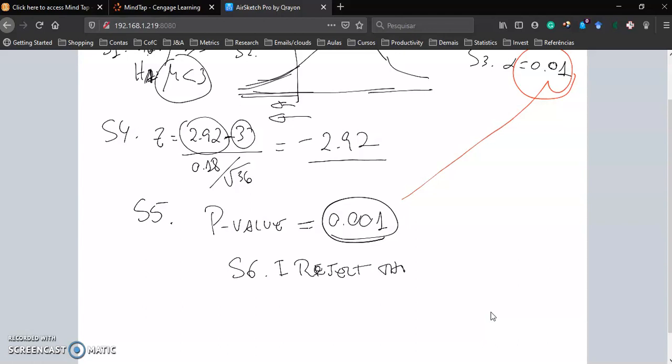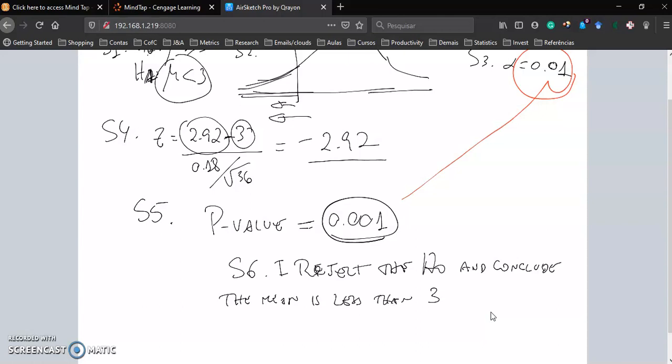the null and conclude the mean is higher. Is higher, no, is less, I'm sorry. This is less. Is less than 3.